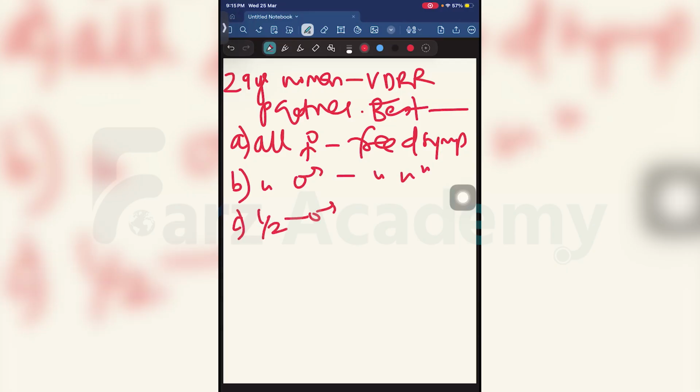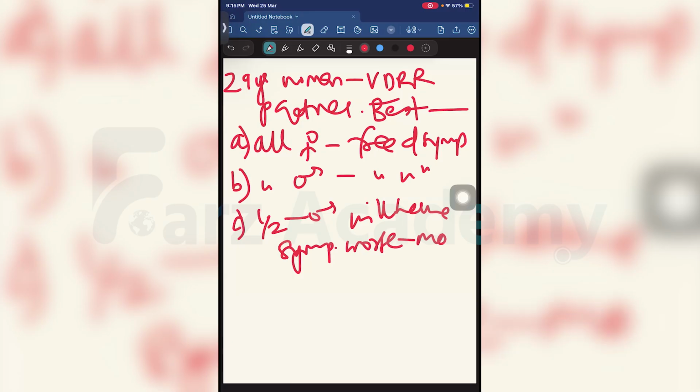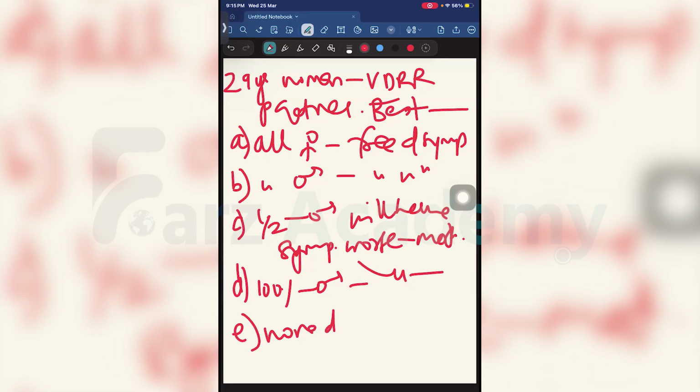C, half of the female children will have symptoms worse than the mother. D, 100% of the male children will have symptoms worse than the mother. Or E, none of the children will inherit the disease.